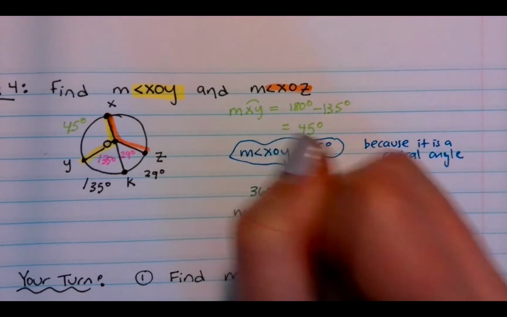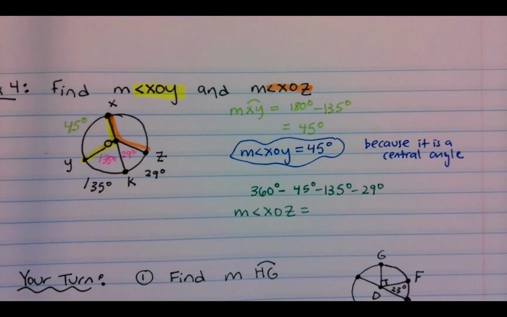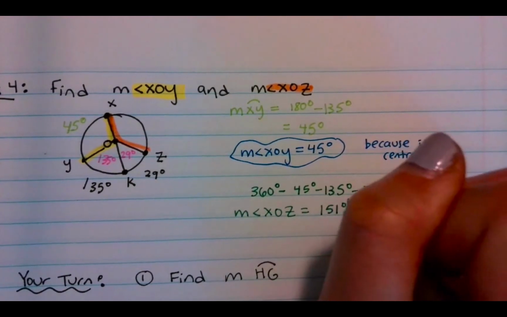So the measure of angle XOZ equals 360 minus 45 minus 135 minus 29, which is 151 degrees.